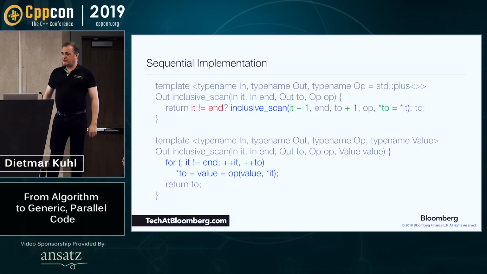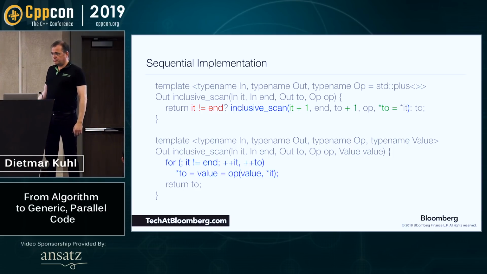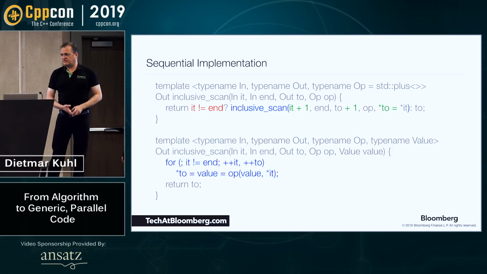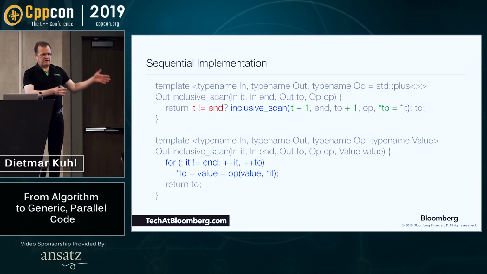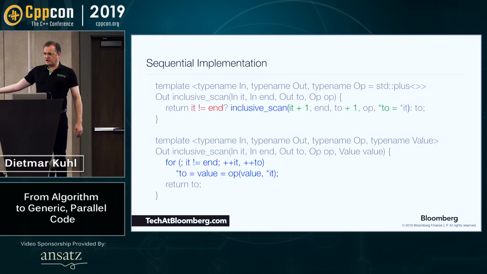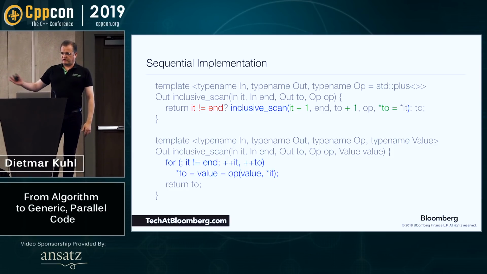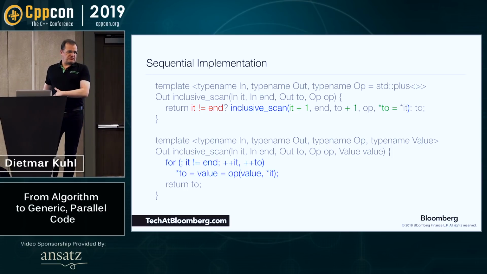Before going into the parallel version, the sequential version is really, really straightforward. Here's a simple implementation. It's basically split into two parts to get all the necessary overloads. The first version is just taking an input range and output range and an operation, and basically all it does is delegate to different algorithms.